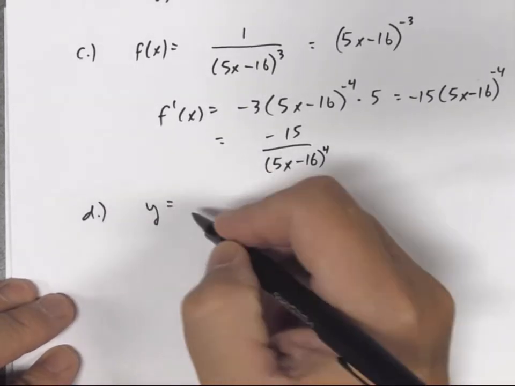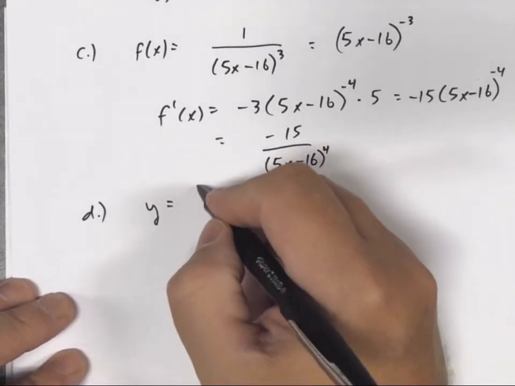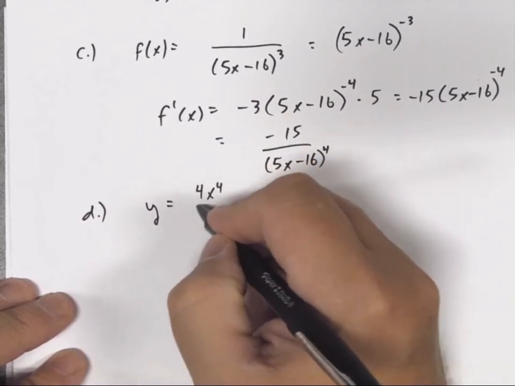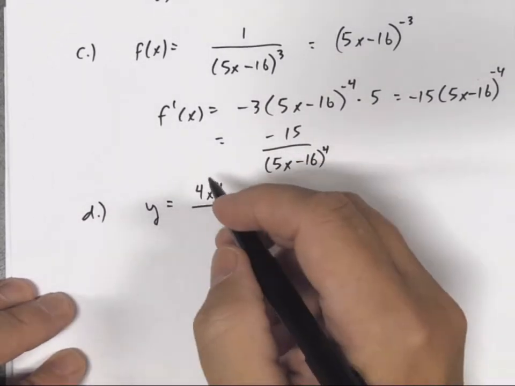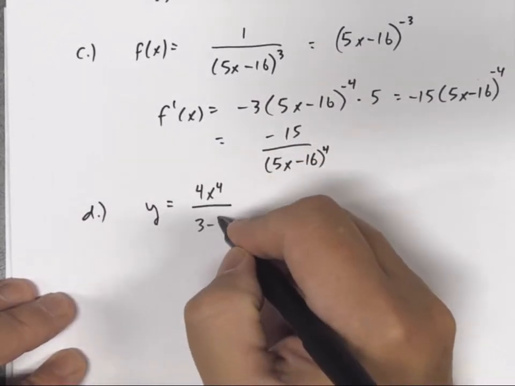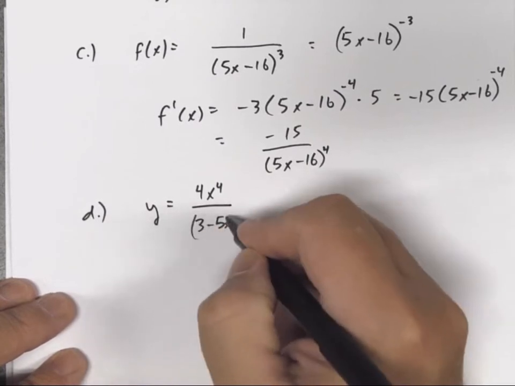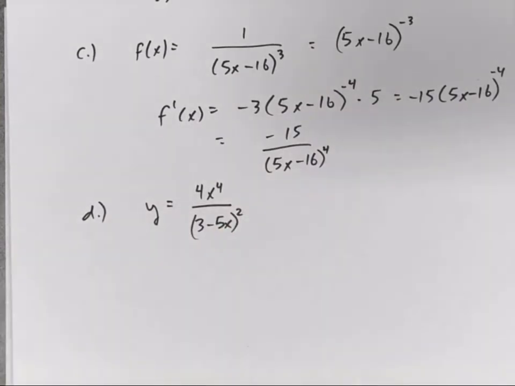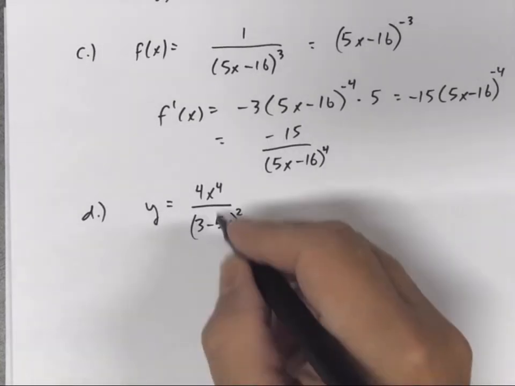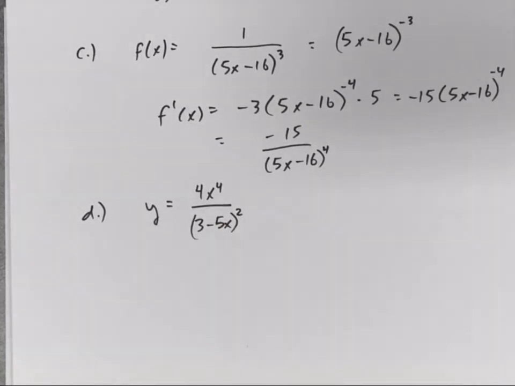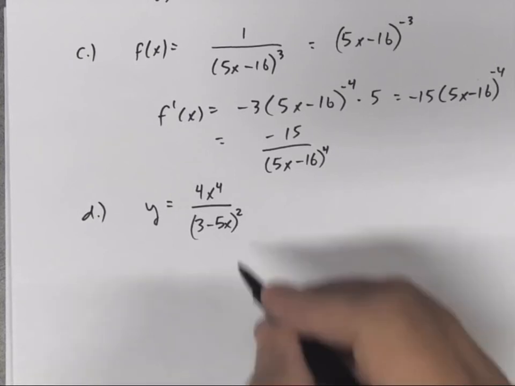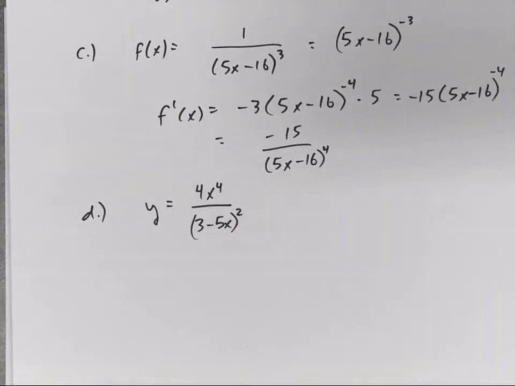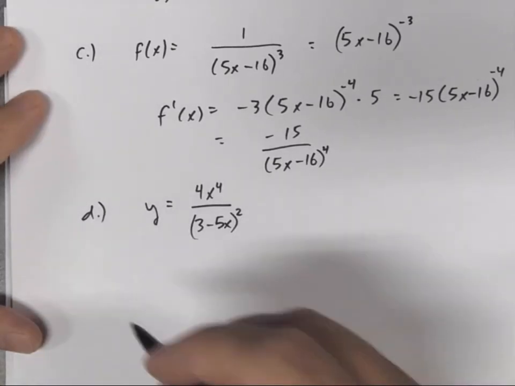For D, we have y equals 4x to the 4th over 3 minus 5x quantity squared. Now normally, this is one where we could probably use the quotient rule, which we're going to do, but especially when we look at the derivative of this denominator, I think we're going to have to also apply the chain rule.